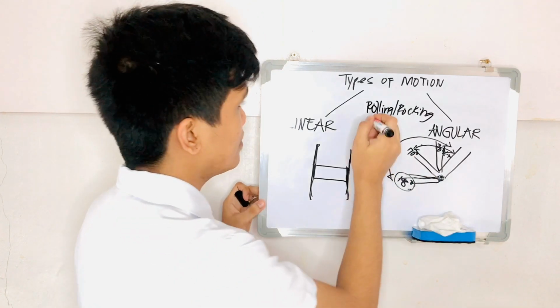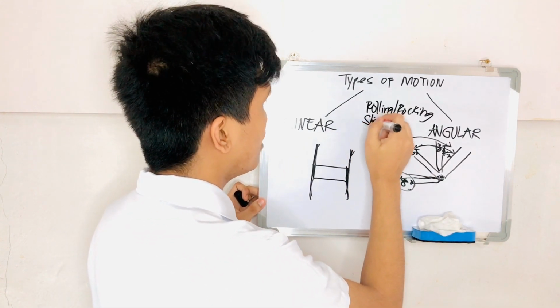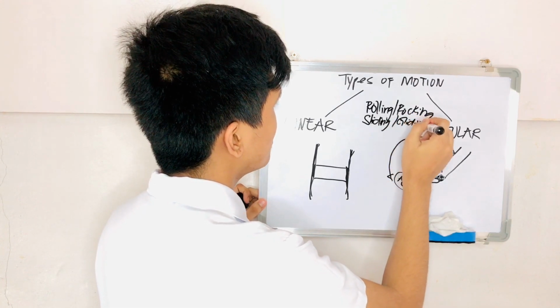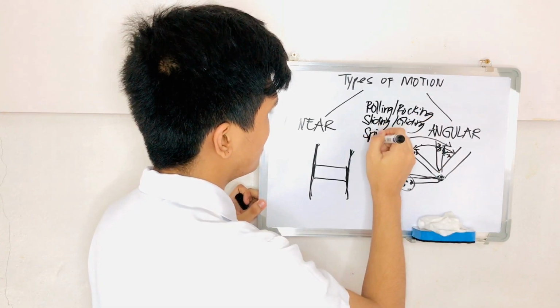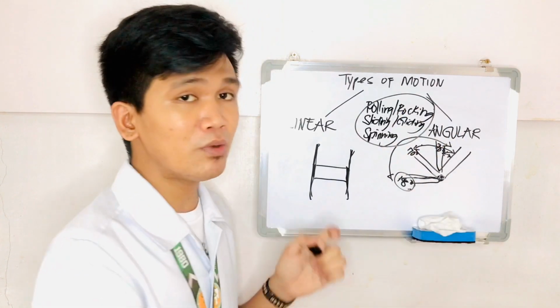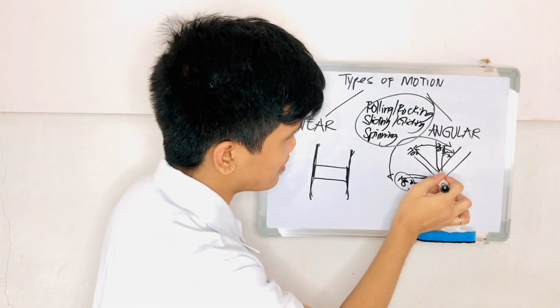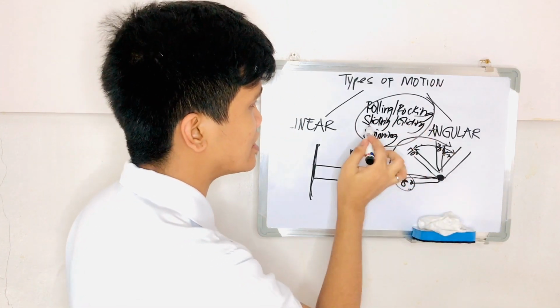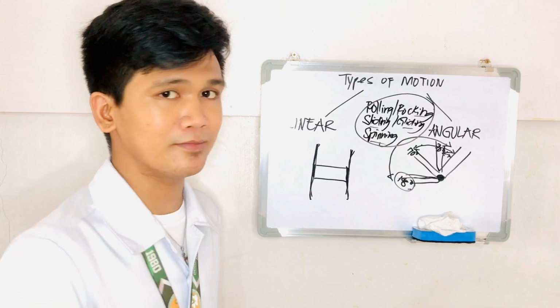Meron din tayong sliding or gliding and spinning. So, itong tatlo na to usually happens within the joint. Every time na nag-move ka, pwedeng magkaroon ng rolling or rocking, sliding or gliding, and spinning.